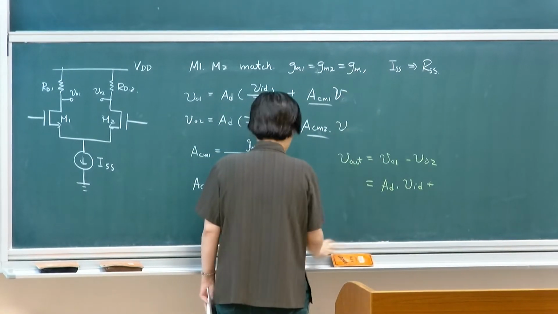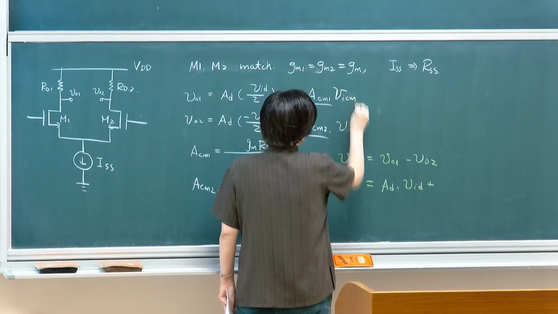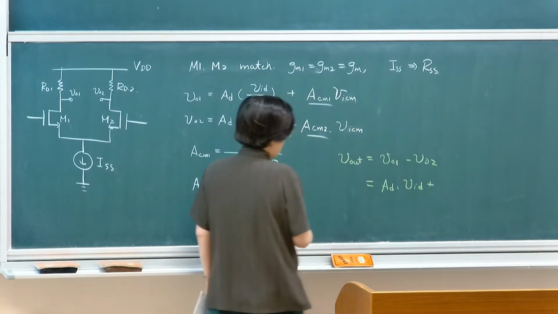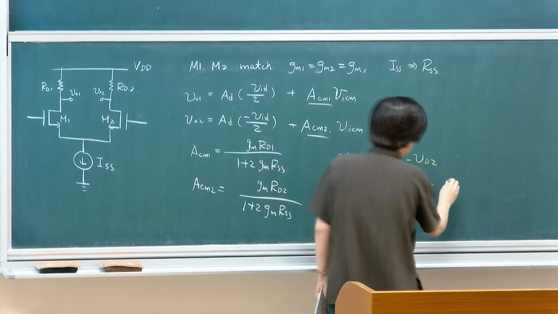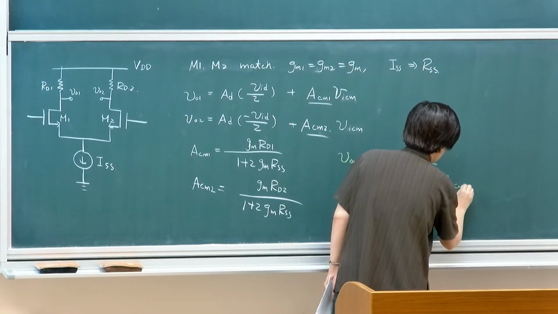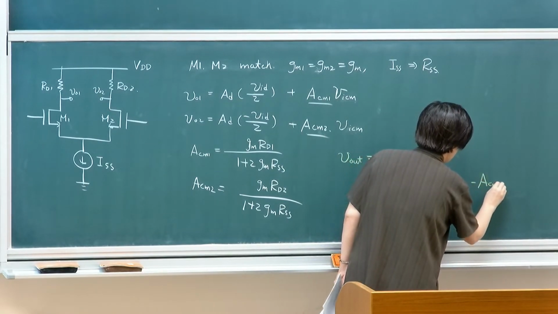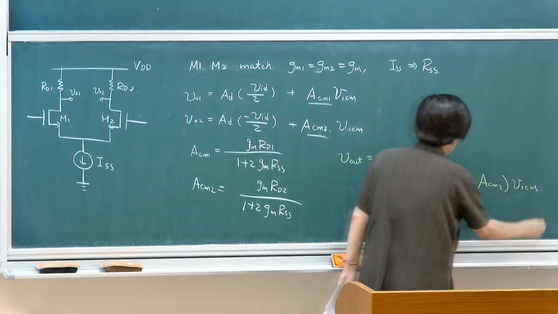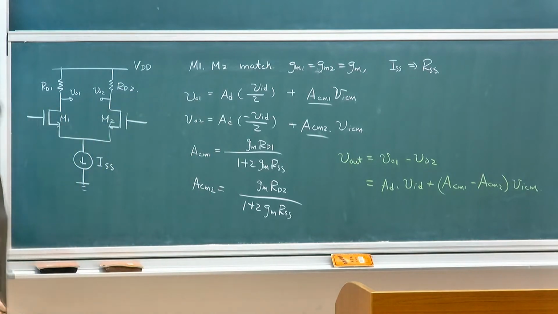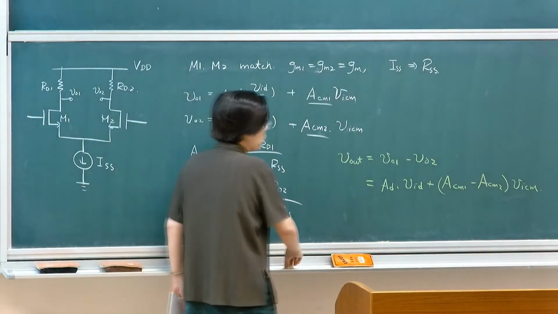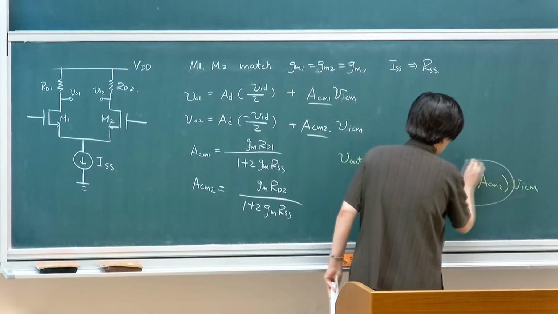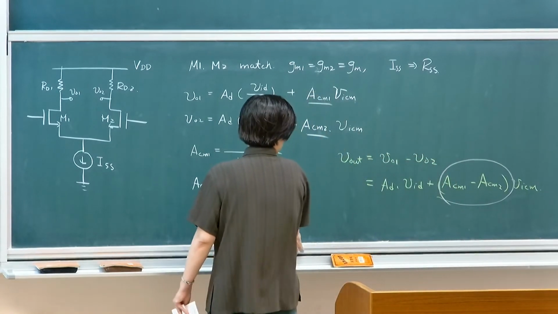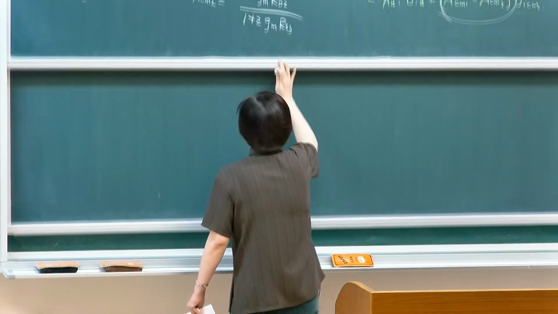Sorry, I made a mistake. Okay, so the common mode component will be as follows. If your common mode gain from the left and the right is not exactly the same, you will not be able to fully cancel it. So then your common mode gain will become nonzero.